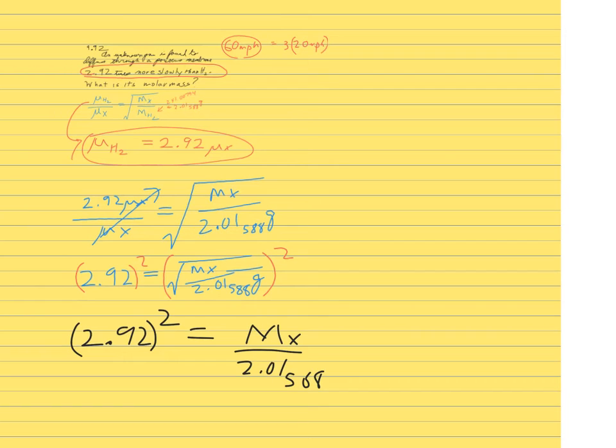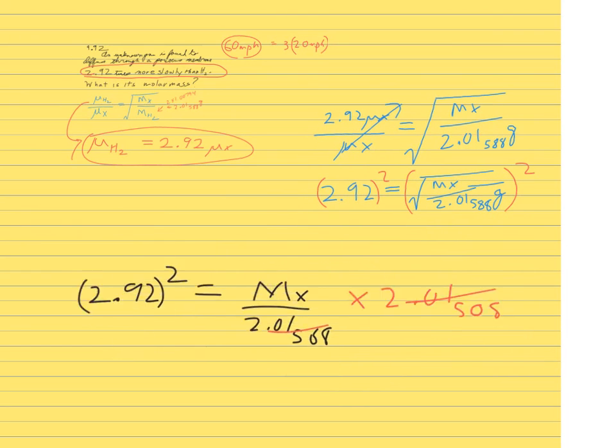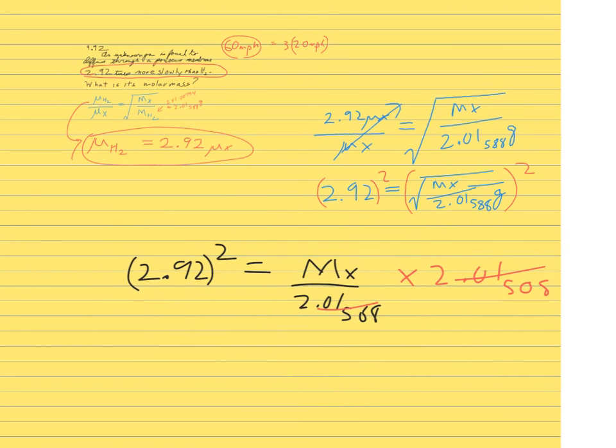We need to get that Mx by itself, so we're going to multiply both sides by 2.01588 so that they cross out. And that's going to be equal to Mx.